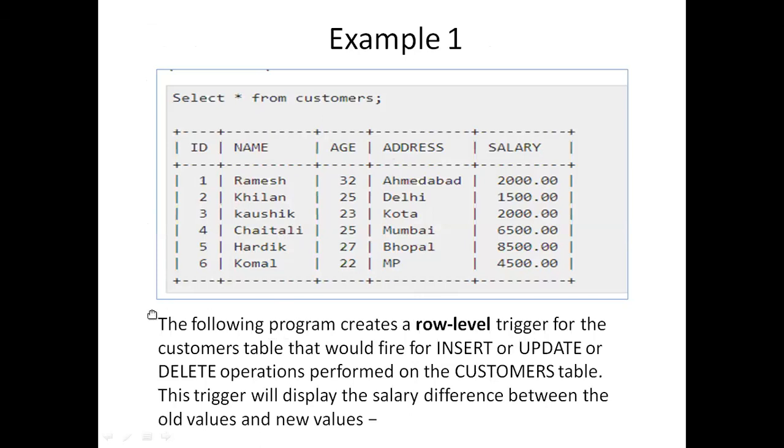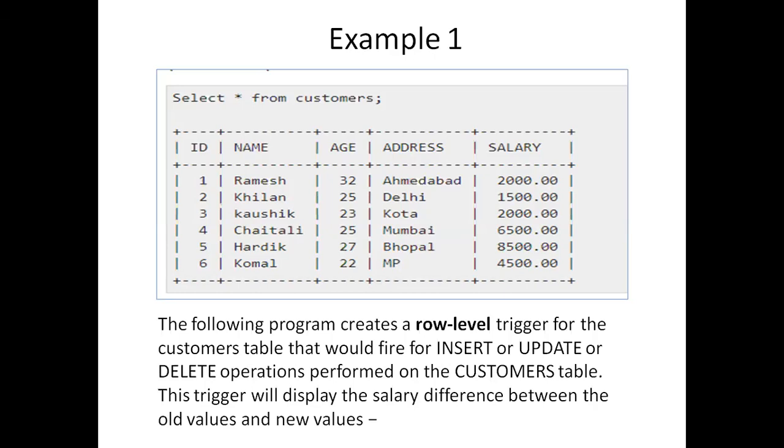The program which I am writing will create a row level trigger, and it will be fired on insert or update or delete, meaning any one of the operations, whether you are inserting a new row, updating an existing row, or deleting, whatever you are doing on the customer table, this trigger must be invoked or fired.